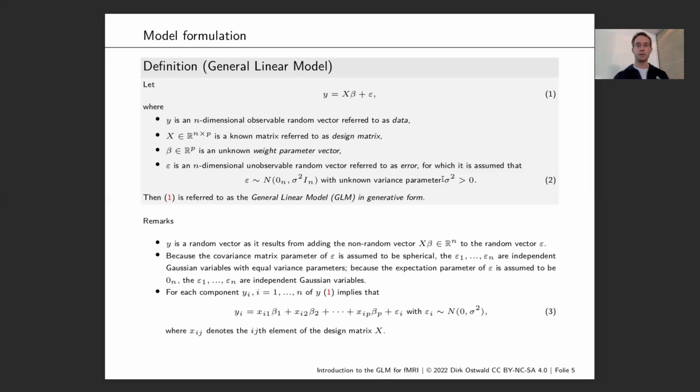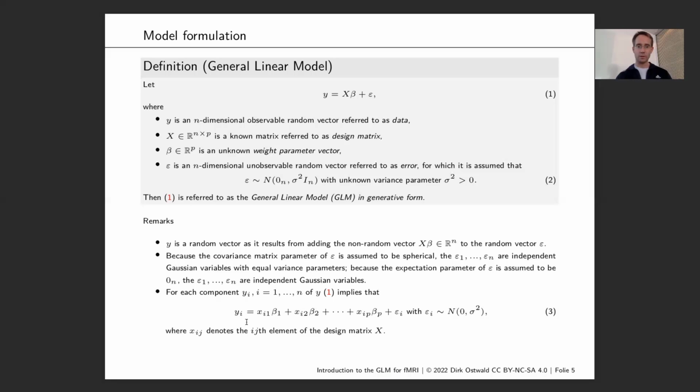So that's the GLM, and of course that's the GLM in general form, and of course it helps to look at examples. But before we do that, some things I think are worth mentioning.